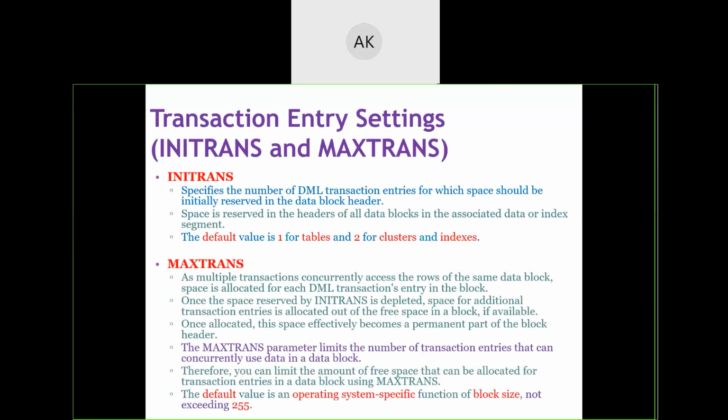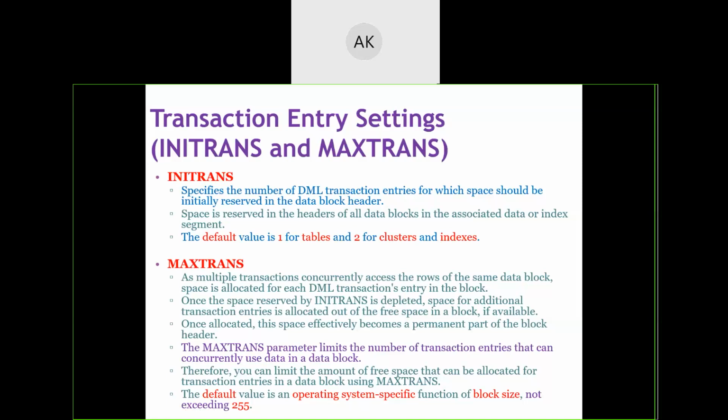Minimum number of transactions: at least one transaction is possible at a given moment of time on the data block. Or if there are clusters, clusters are a combination of similar or related tables, that means at least 2 tables will come together. So at least 2 operations can be performed, one on each of the tables.